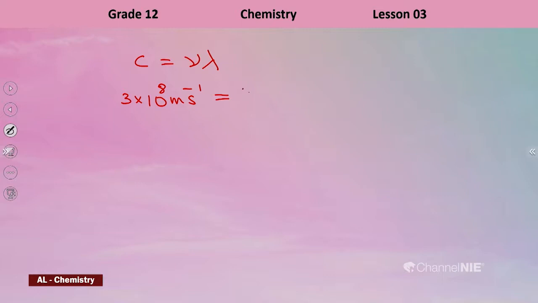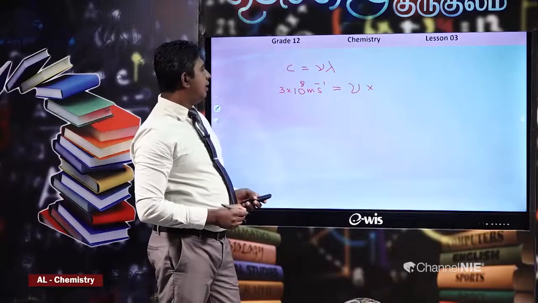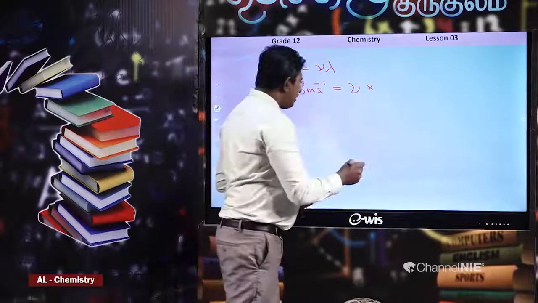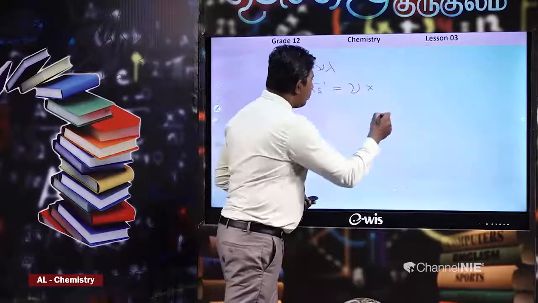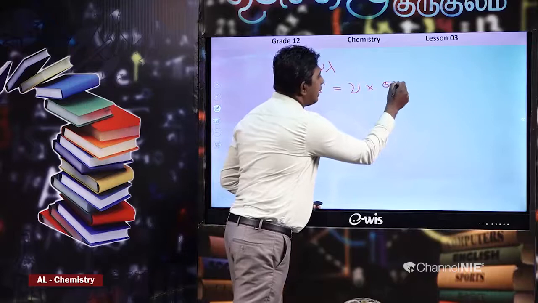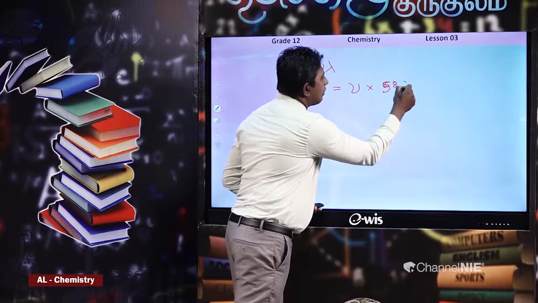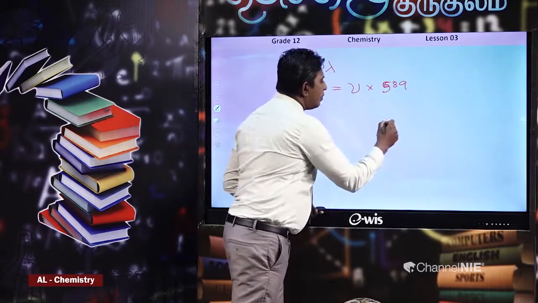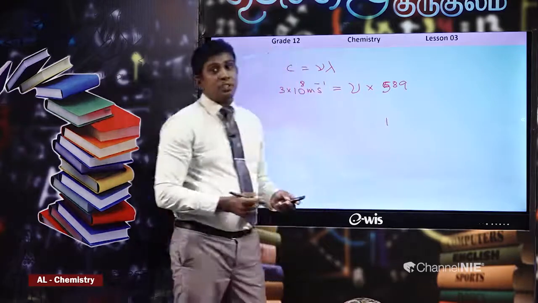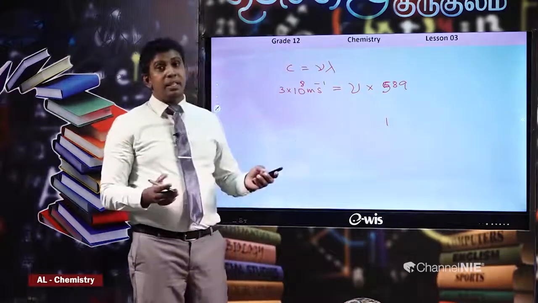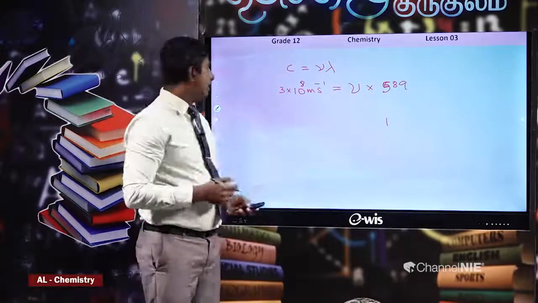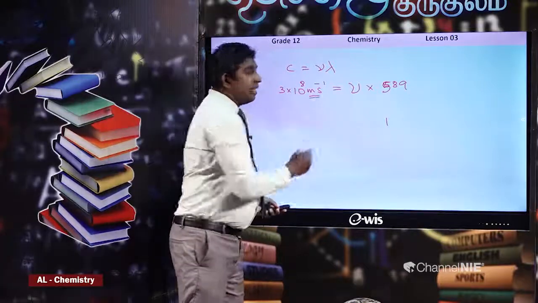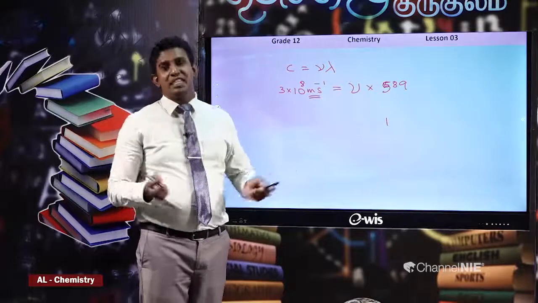They are asking us to find the frequency in the question. So what's the wavelength? Students, it's 589 nanometers. You can't substitute the wavelength in nanometers in this equation, because the speed is given in units of meters per second.